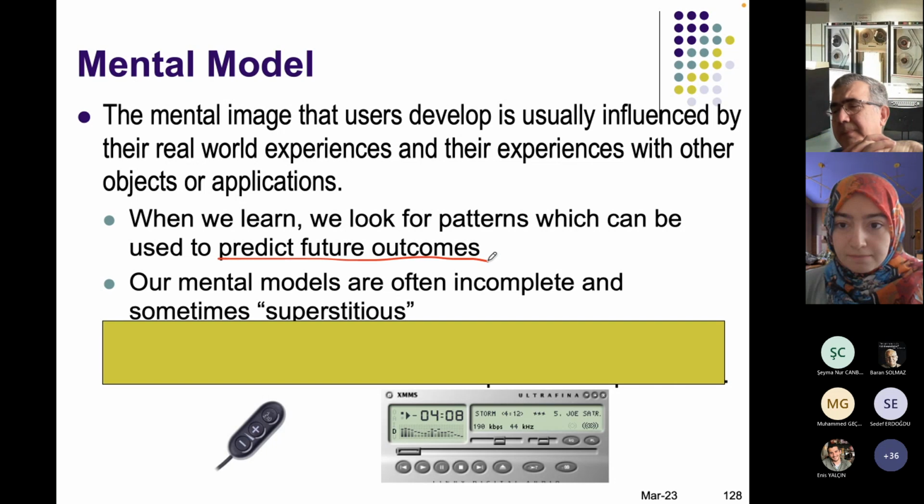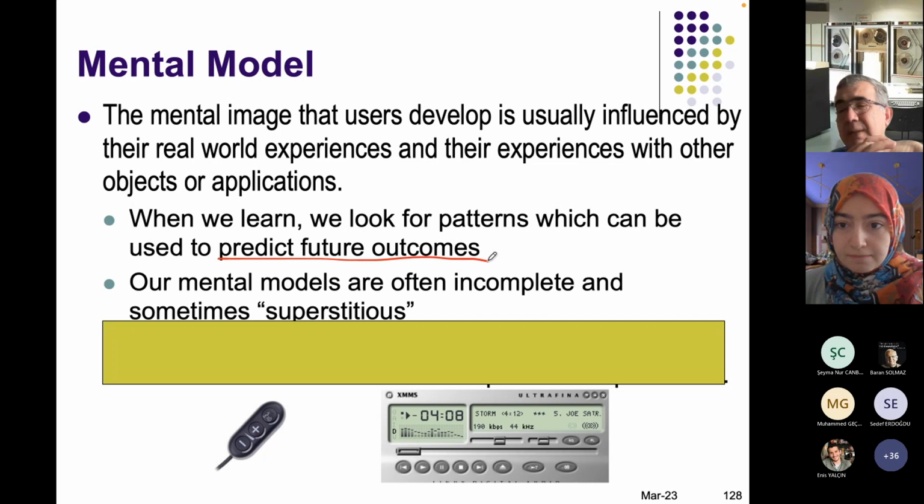For example, the model at the bottom looks like a CD player. It looks like a CD player because there's a play button and stop button, etc. And there must be a volume somewhere. So you can roughly identify where the volume is, and you can estimate how you are going to use the volume.